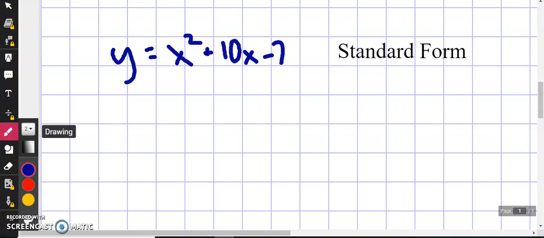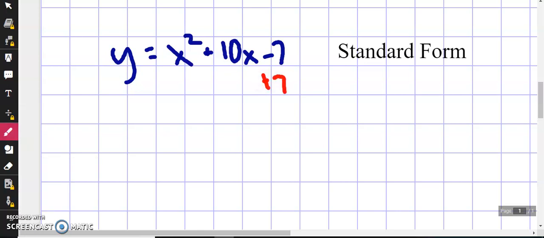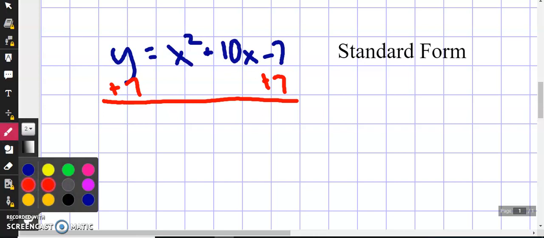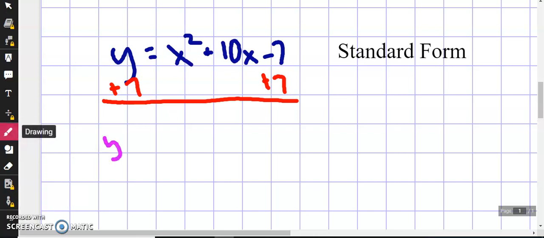So I need to take that 7 and add it to both sides. Then what I'm going to do is the process of completing the square.